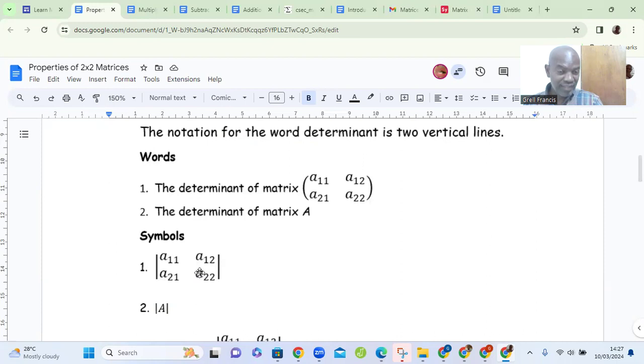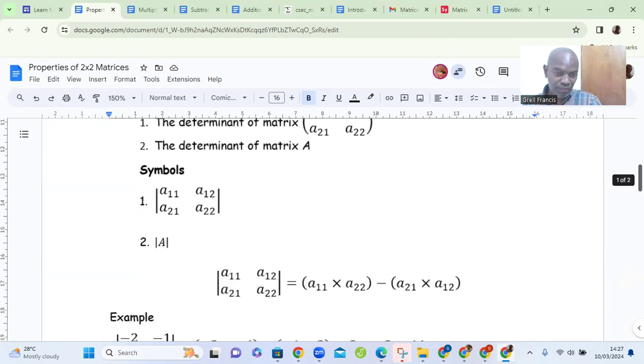So the word for those two vertical lines here is determinant. Two vertical lines in another context, in algebra, mean absolute value or modulus. But in matrix language, the word for two vertical lines is determinant. So if you see two vertical lines and there's a letter in between them for matrices, you've got to say determinant, the determinant of E. That's how you read that notation.